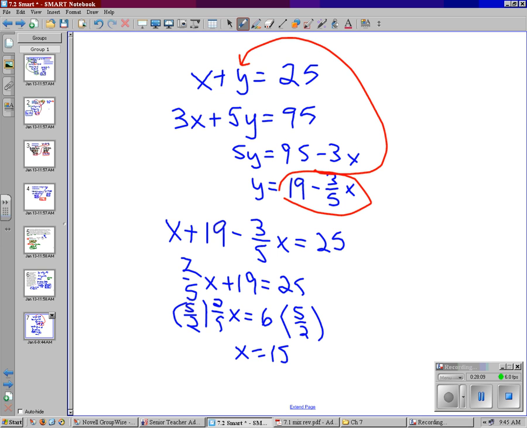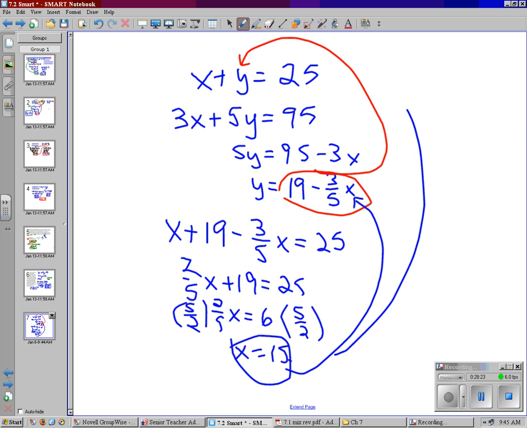And then I still have to put that back in for one of my X's. Usually I put it in right here, or I could put it in up here, a little better, and I'll come out with the same answer.